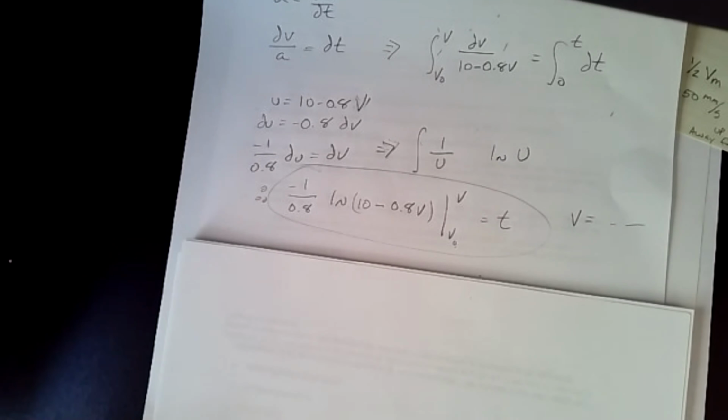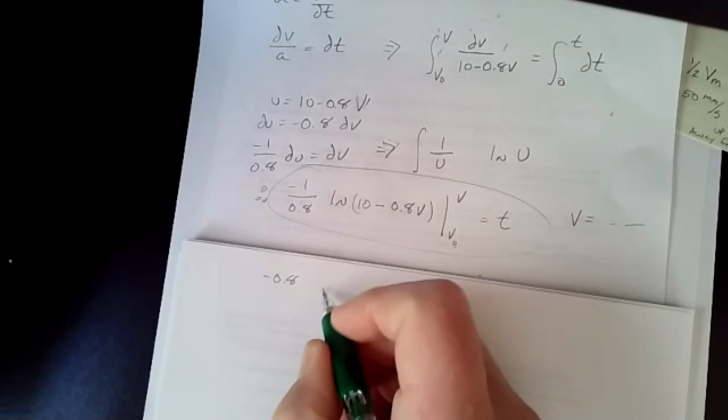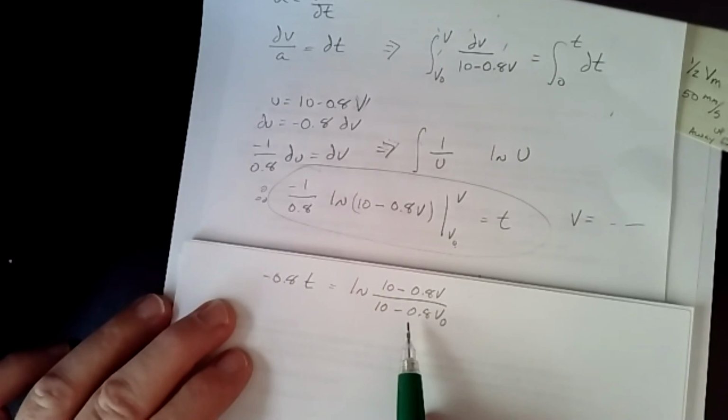What we have then is negative 0.8 t equals natural log of 10 minus 0.8 v over 10 minus 0.8 v naught, just evaluating it from v naught to v. Then rearranging, we don't move the 0.8 yet.